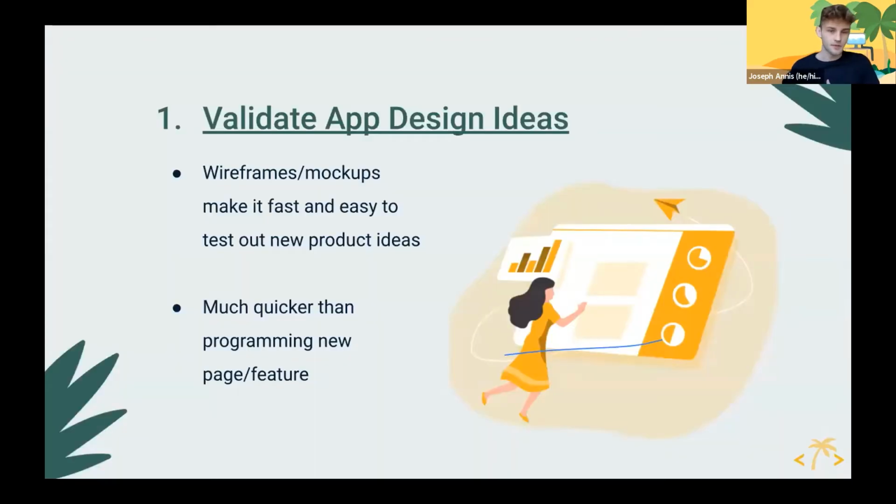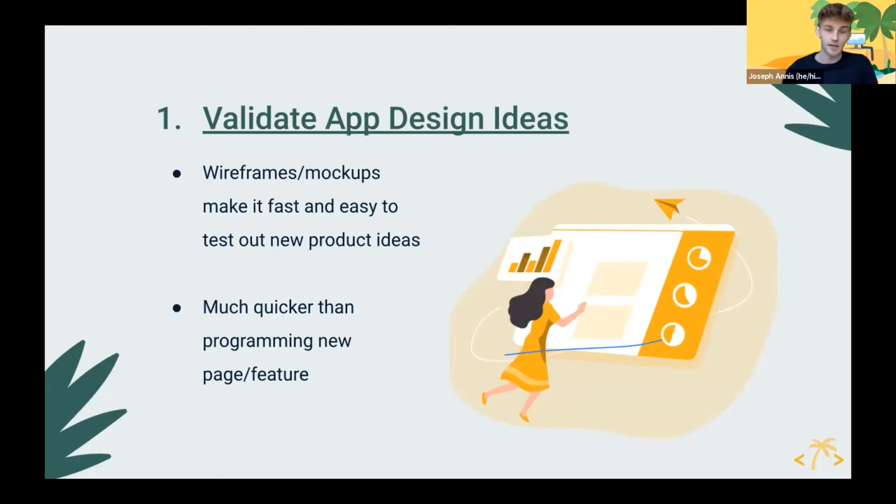So the first major reason is that wireframes and mockups make it fast and easy to test out new product ideas. And it's far quicker than programming a new page or feature. To give you an example, let's say we're making a different type of social media network, right? And we're making it for a mobile phone. If we have paper sketches, we can say, hey, what do you think about this basic paper sketch, which might be something like a newsfeed?